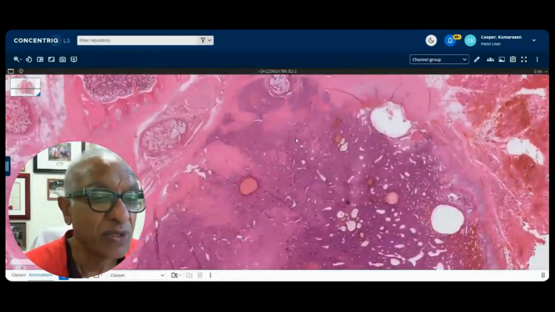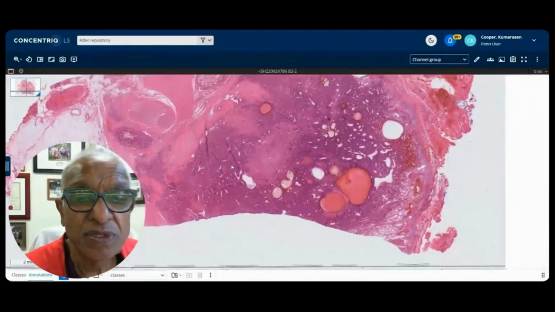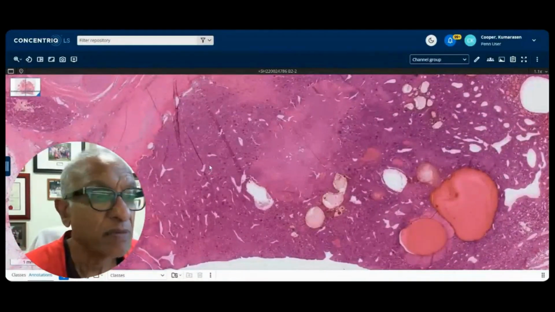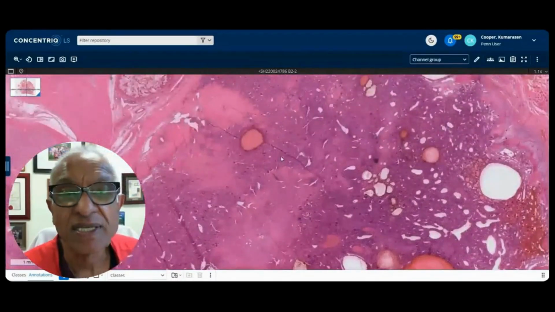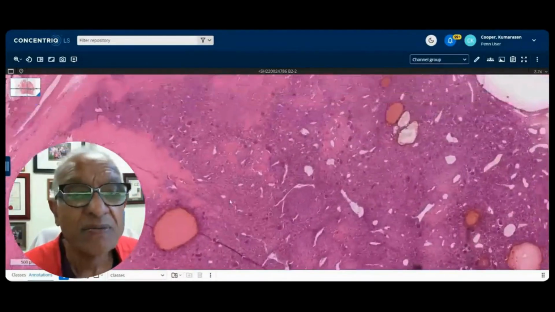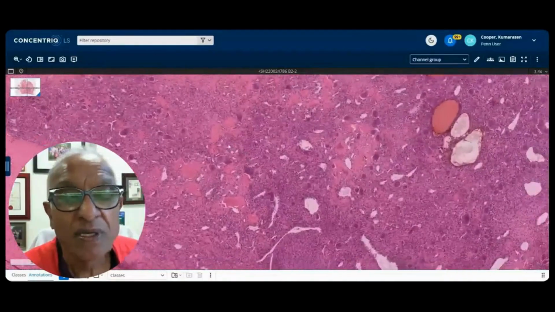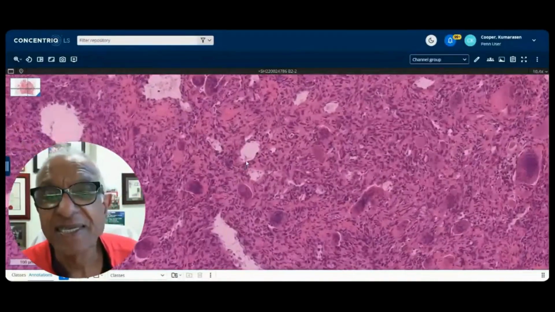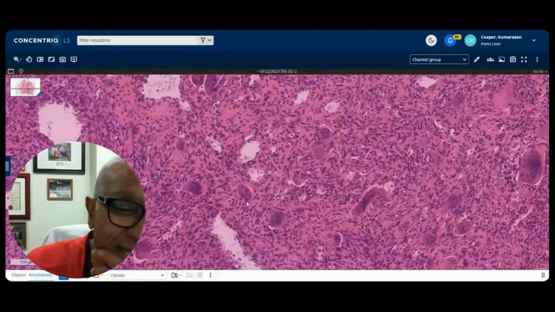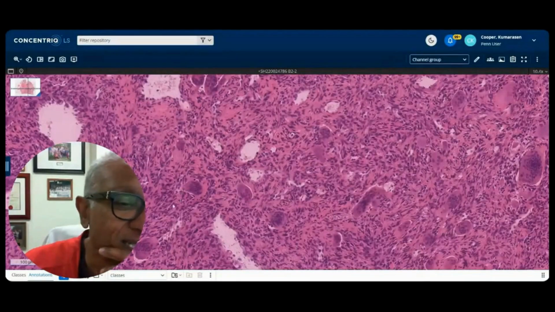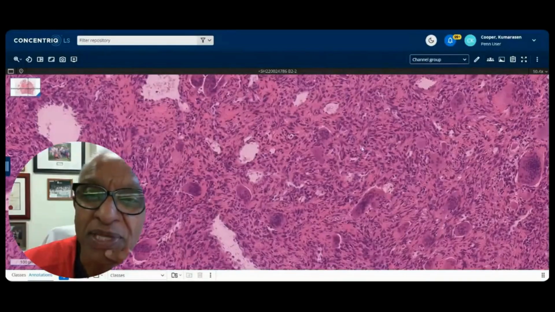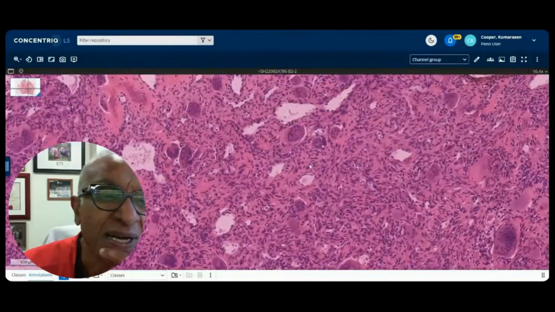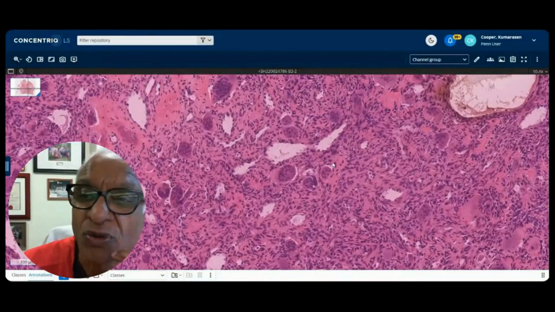And I will show you the tumor close up. I'm trying to find a nice section that's not too thick. Okay, I think this is probably as best as it gets. I hope you can see these osteoclast-like giant cells and these spindle to epithelioid cells in the background, the stromal cells.